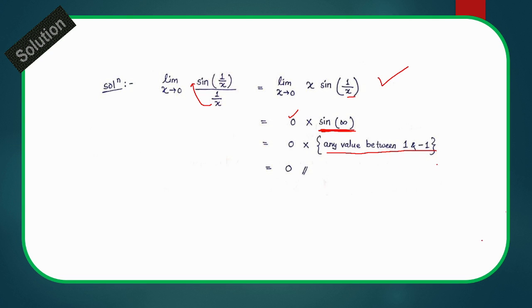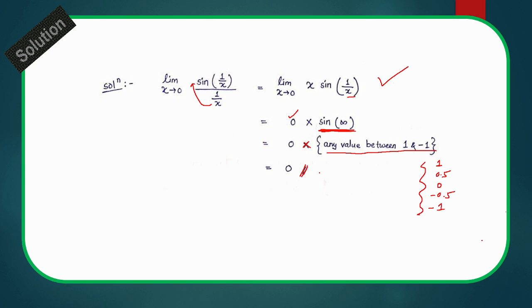It can be 1, it can be 0.5, it can be 0, it can be minus 0.5, it can be anything between minus 1 and 1. So you cannot predict which value. Even if it is any value between 1 and minus 1, if you multiply that value with 0, what will the answer be? 0. So the final answer will be 0.